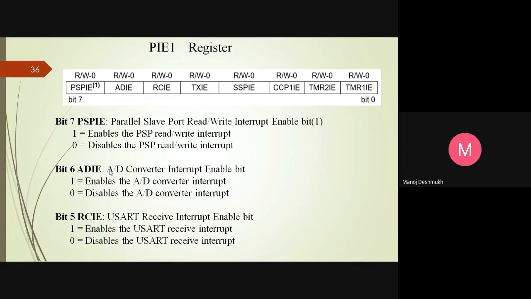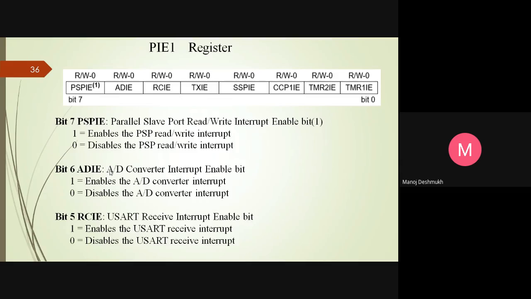For all the interrupt enable bits, the initial position is 0, that is the default status is disabled, and as per the requirement of the user we are able to enable a particular bit by making 1 to the respective bit.